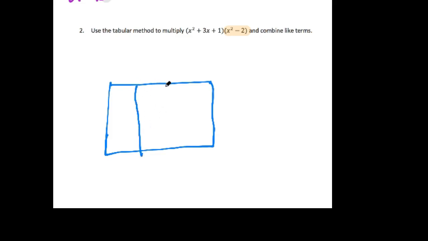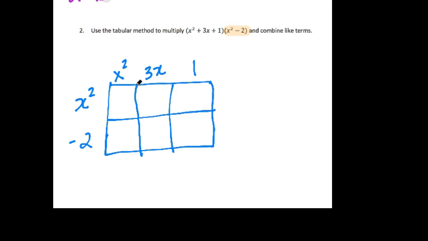I need a spot for x squared, 3x, and 1, and a spot for x squared and negative 2. So there we go. Now let's take the area of each individual box.